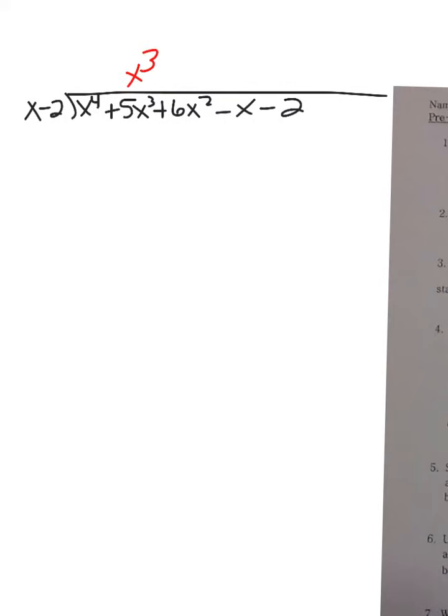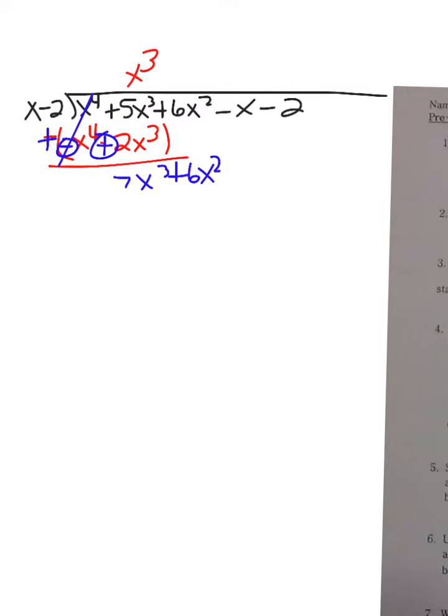That is x to the 3rd. Multiply down. I get negative 2x to the 3rd and x to the 4th. So now subtract them, so it becomes plus, minus, plus. x to the 4th cancels, and I'm left with 7x cubed, and then bring down the next number, which is plus 6x squared. x times what is 7x cubed? That would be 7x squared.